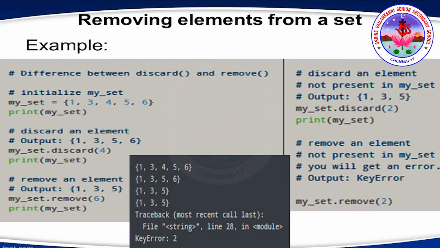When we try to discard and then print, it just prints without throwing any error. But when we try to use the remove method, my_set.remove(2), what happens? It throws an error. If you print my_set, it will give a KeyError. Clear? That is the difference between remove and discard.